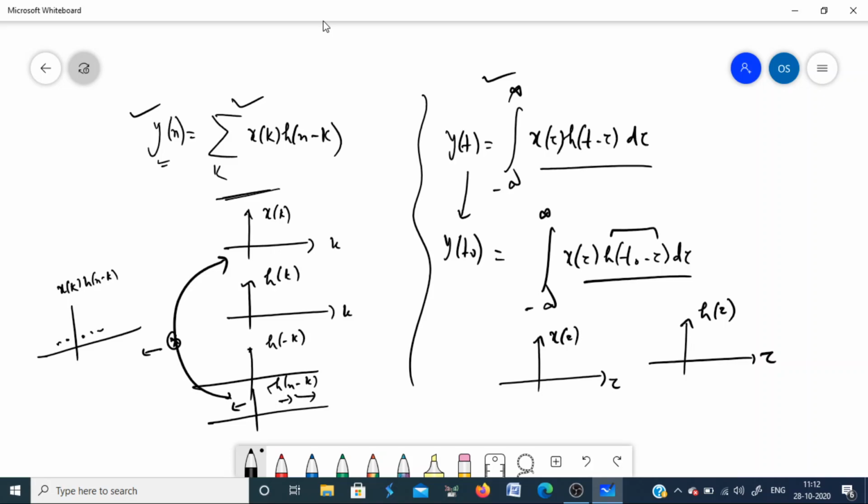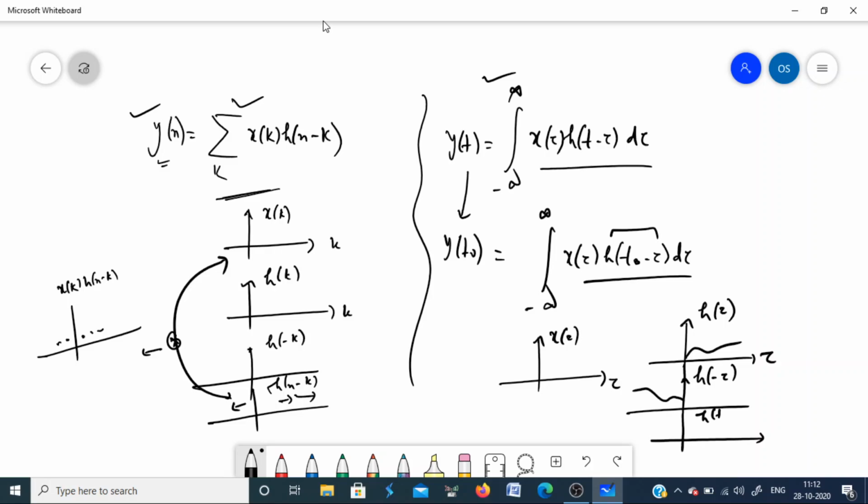For that you have to first fold it. Suppose this is my x of tau and h of tau. I first have to find h of minus tau, so I fold it to become h of minus tau. Then I have to find h of t naught minus tau. It means it is shifted by t naught to the right or left, depending upon whether t naught is positive or negative.